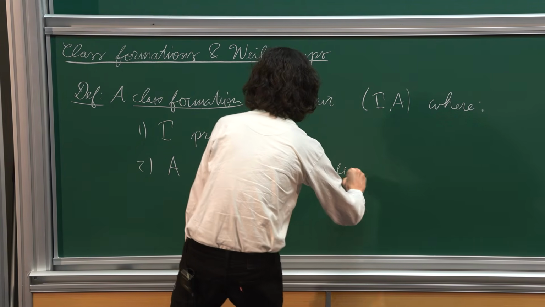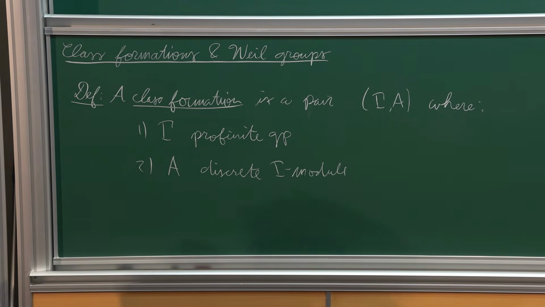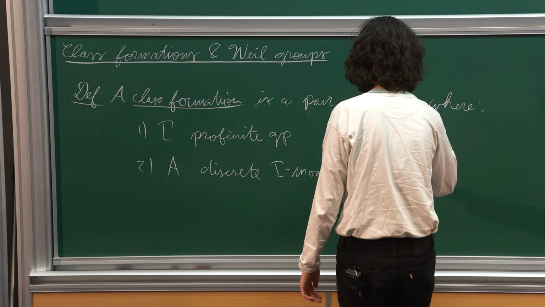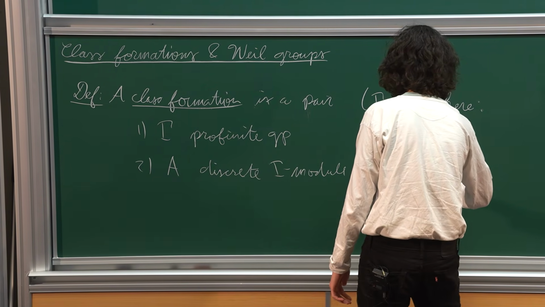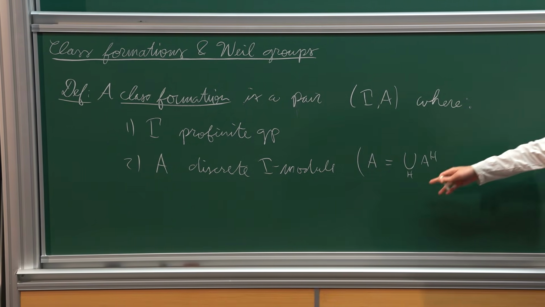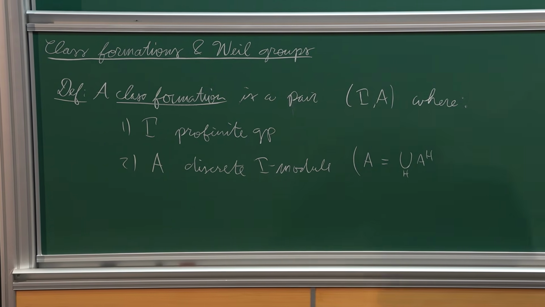So just an abstract abelian group with a continuous action of Γ. And what that means, it's basically equivalent to, is that every element in A is fixed by some open subgroup of your profinite group Γ.